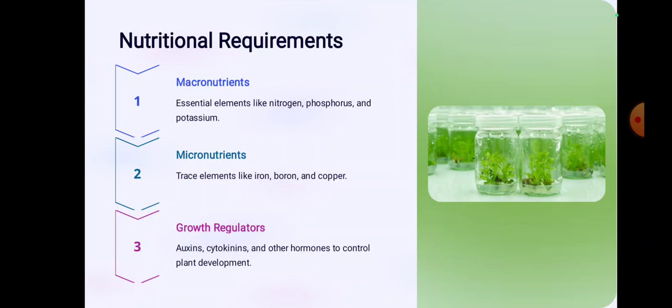Micronutrients are required in small quantity, and their concentration is less than 30 ppm. Trace elements like iron, boron, and copper are used for enzyme synthesis. Growth regulators include auxin, cytokinin, and other hormones to control plant development.